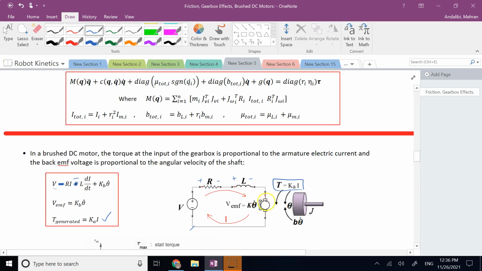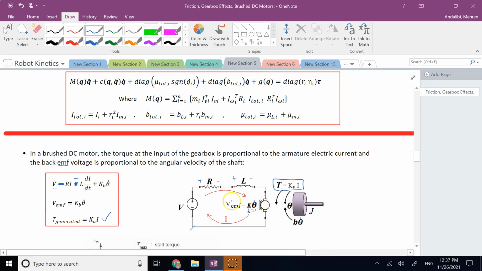Then you have an extra voltage generated on the rotor, called the back EMF voltage. The back EMF voltage depends on how fast the rotor is spinning. If the rotational velocity of the shaft of the motor is theta dot, you multiply that angular velocity by a constant called the back EMF constant, Kb.